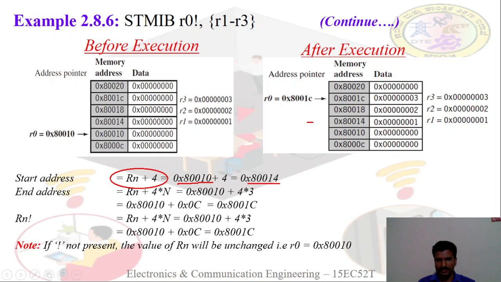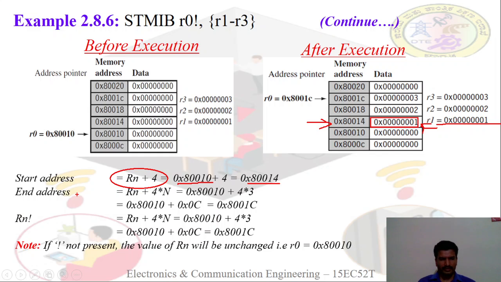See here, 80014. That is the starting address of the memory. The R1 value is moved to this starting memory location. It won't move to 80010 because of increment address by 4 before store. So before store it is incremented by 4.